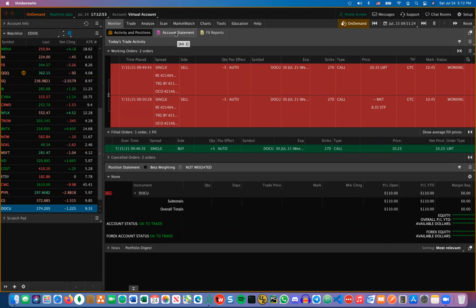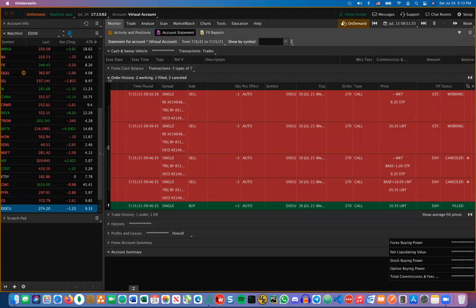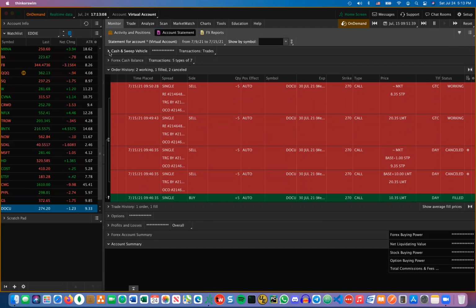We spent, let's go to our positions account statement and go to our cash and sweep. Cash and sweep, here you go. All right, we can do the quick math over here real quick. So we got filled at 10.23 and we bought 5 contracts.